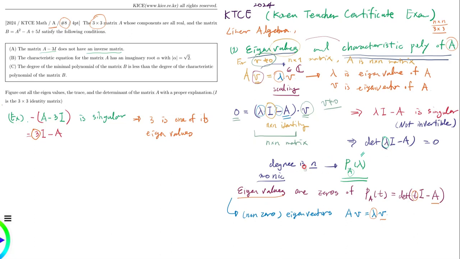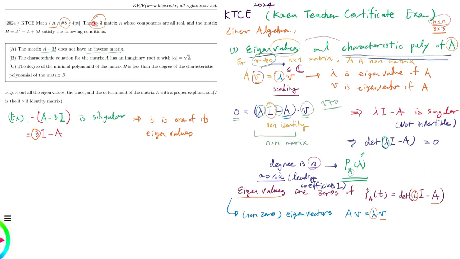Monic means the leading coefficient is 1. So the characteristic polynomial of an n by n matrix in general is a degree n monic polynomial.